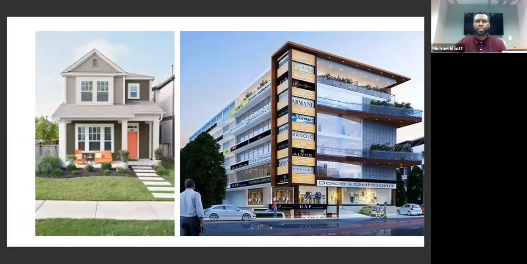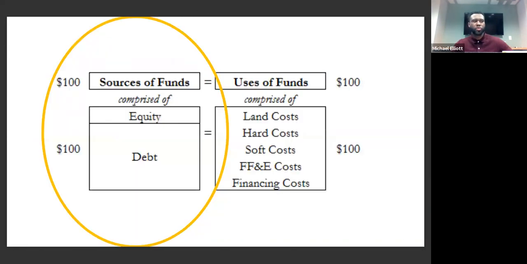As the pictures show, real estate developers can get into many different types of projects, from single family homes to large scale multi-tenant projects. But there is definitely some commonality between the different types of projects, and one of the things we're going to talk about is leverage, the sources and uses. With any development project, you want to understand that sources must match the uses of any particular project.